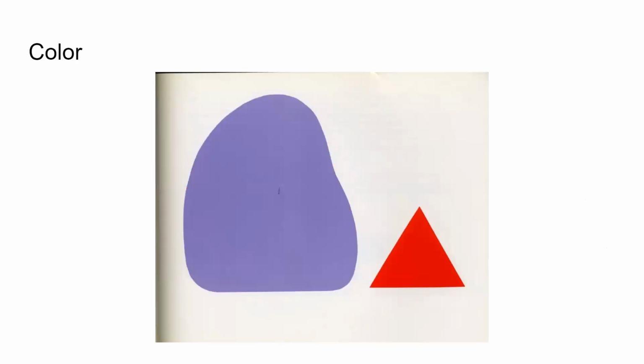So next we change color. Here we've got a nice blue-violet color on the mother shape. It's got all kinds of connotative associations with water, with the sky, with calm, with peace.